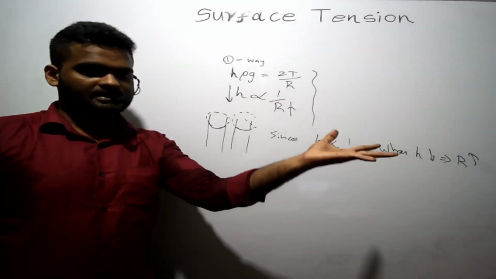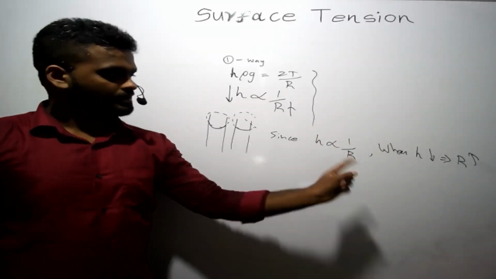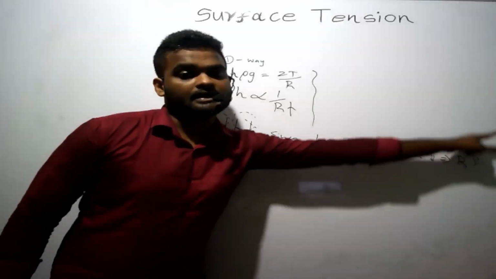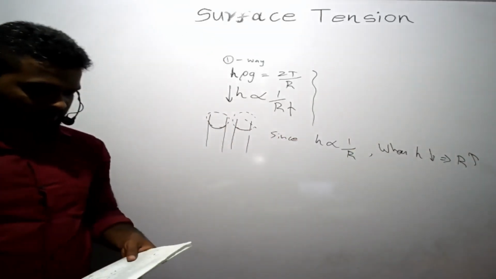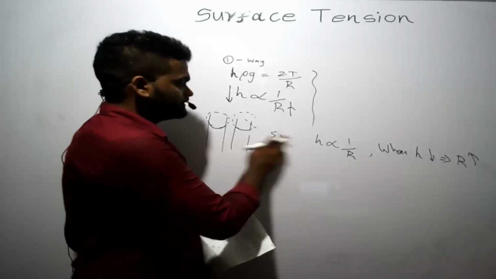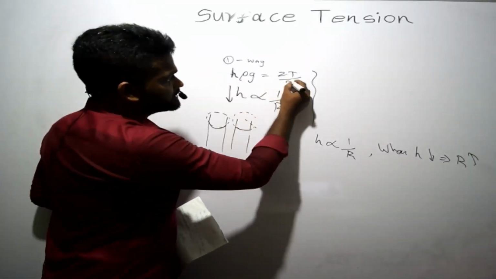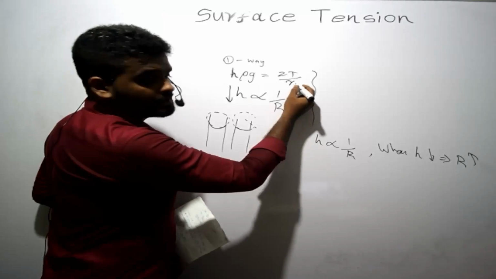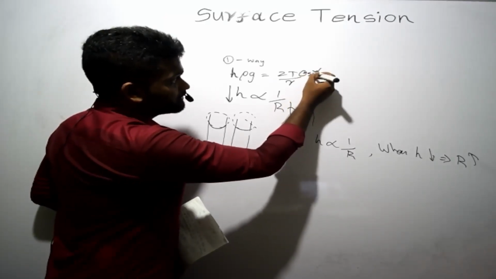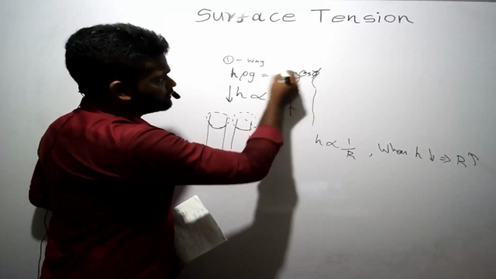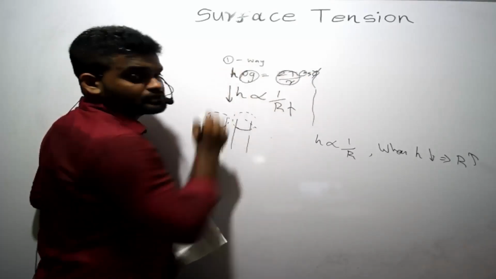Meaning the shape becomes like this, right? When h decreases, R increases. Then according to the other equation, here you have simple R and here you have cos phi. According to this one, these are constants, right? Then h is proportional to cos phi.